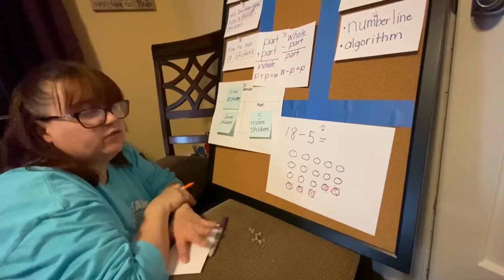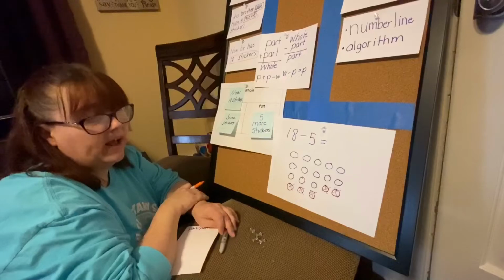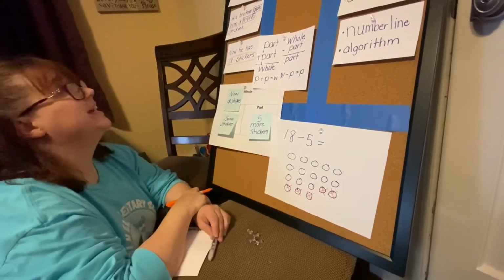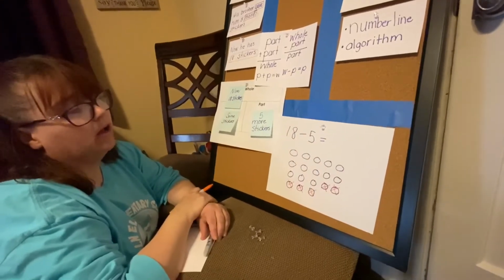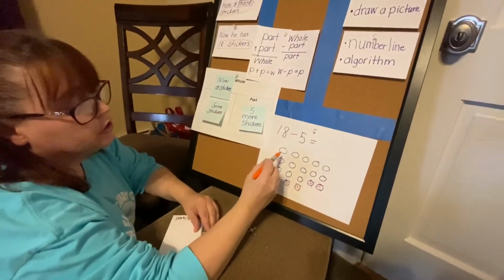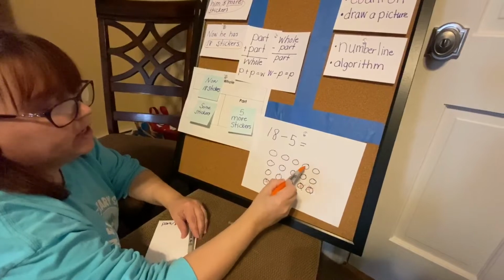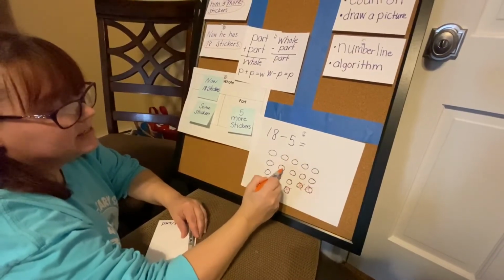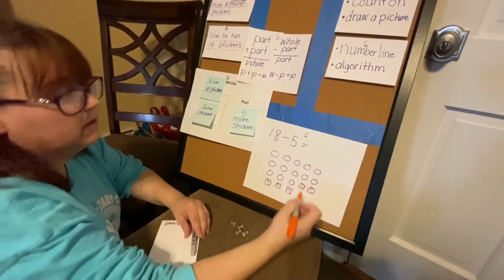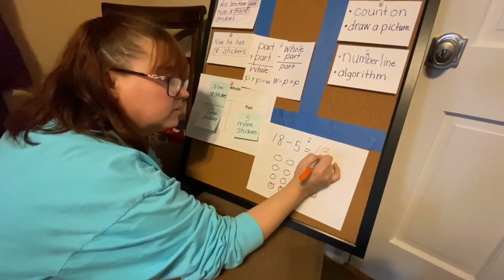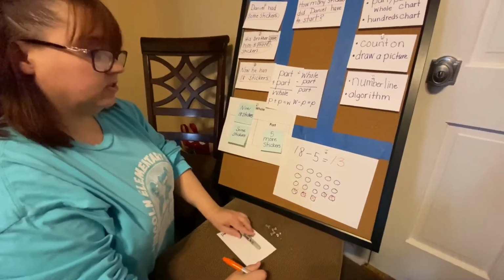Now that I've taken those 5 stickers away, I can count what I have left to see how many stickers Daniel had before he got the 5 more from his brother. So let's count. 1, 2, 3, 4, 5, 6, 7, 8, 9, 10, 11, 12, 13. So 13 stickers is what Daniel had to start with.